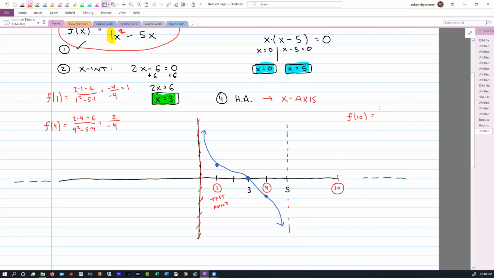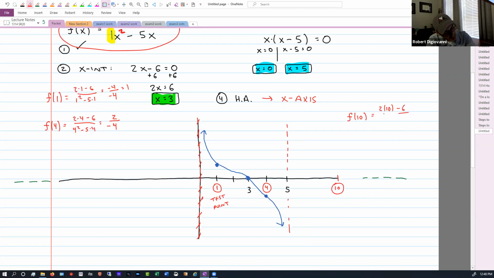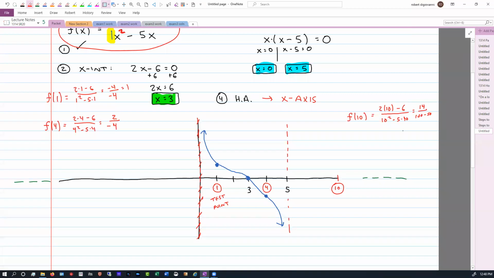Plug in 10 into the original function. It was 2 times 10 minus 6 over 10 squared minus 5 times 10. You get 20 minus 6, so we get 14 on top, and on the bottom, we get 100 minus 50. You're going to wind up getting 14 over 50.